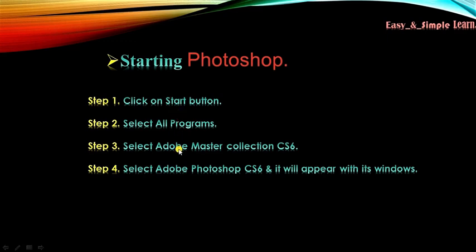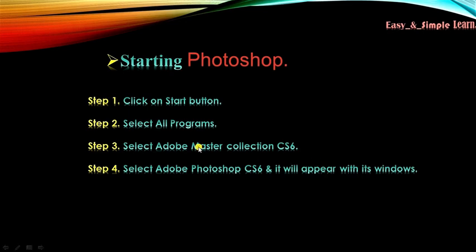Now see, step 1, click on the start button. If you want to open Photoshop, you need to go to the start button. Then select All Programs, then select Adobe Master Collection CS6. CS6 is the version of Photoshop. Clear? Now select Adobe Photoshop CS6 and it will appear with its window. Clear? It's a very simple step.